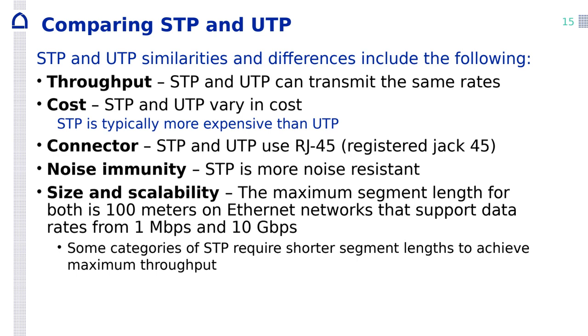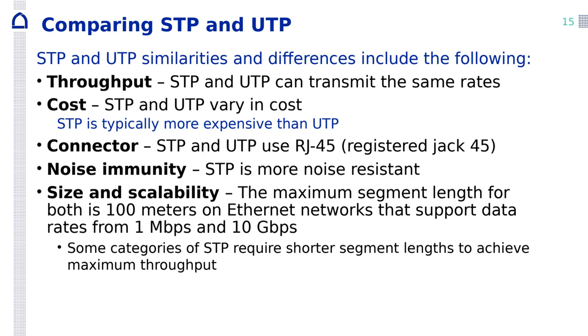So let's compare STP and UTP. Throughput is the same. Cost, STP is more expensive. Connector, they both use RJ45 connector or Jack 45. You know what is Jack 45? This is a Jack 45. Okay, you can pass it. This is a Cat5 cable, and this is the connector, called RJ45 or Jack 45.